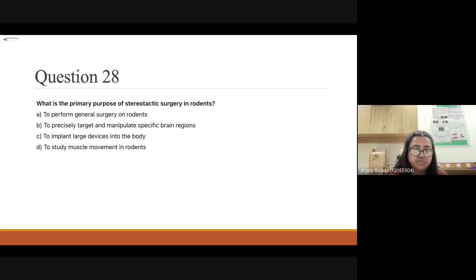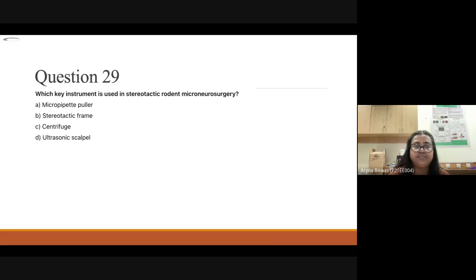Ashwin, what is the right option? Please unmute yourself. The right option is option B, to precisely target and manipulate specific brain regions.